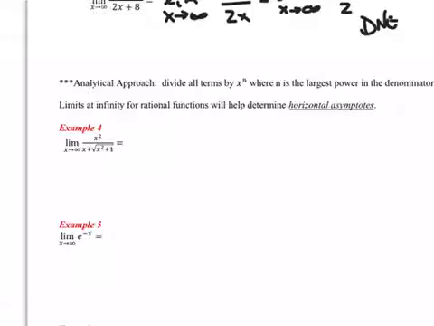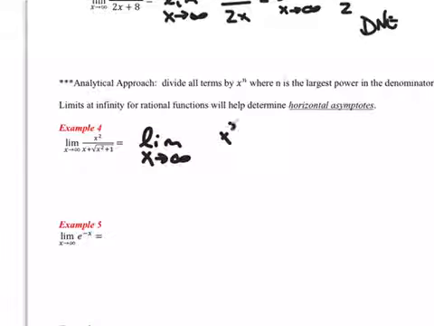Let's take a more analytical approach to this and use what we call dividing by terms x to the n power, where n is the largest power in the denominator. Limits at infinity for rational functions will help determine horizontal asymptotes. So let's go ahead and do that here. I'm going to take the highest power on the top and bottom.